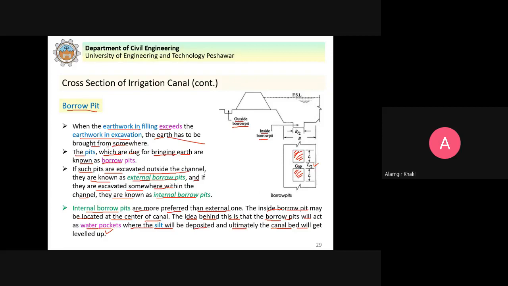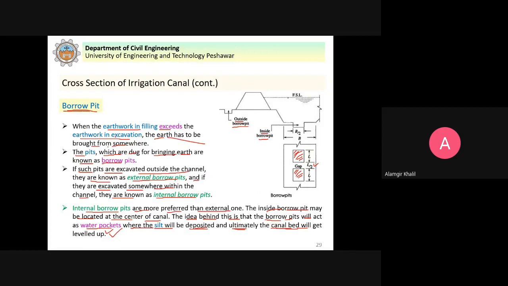That these will act as water pockets, because the water that flows in the channel or canal carries silt. As the water stays in these pockets, the silt will be deposited, and with the passage of time, ultimately the canal bed will get leveled up. So these are borrow pits.